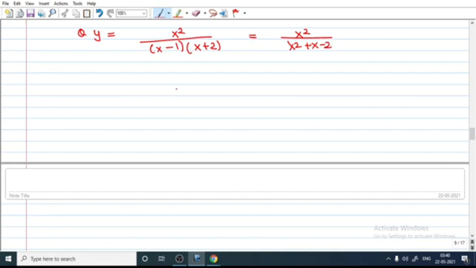If we divide x cube by x square plus x minus 2, what am I going to get?